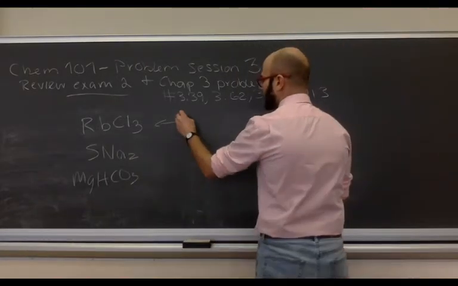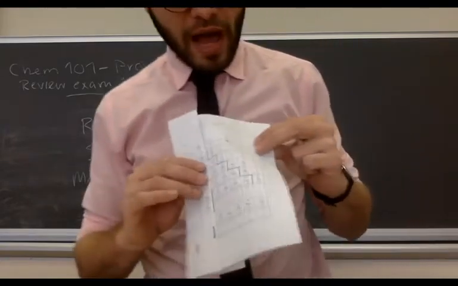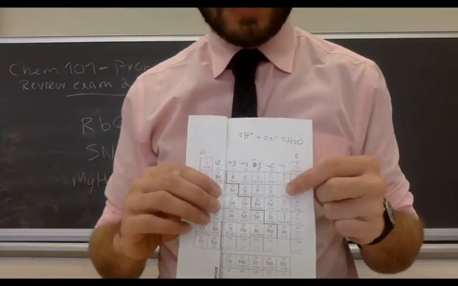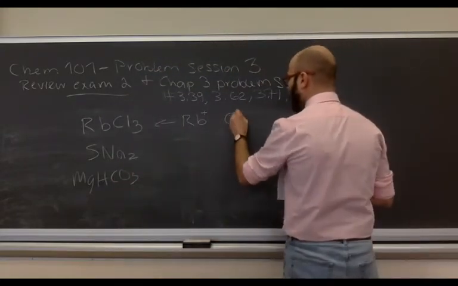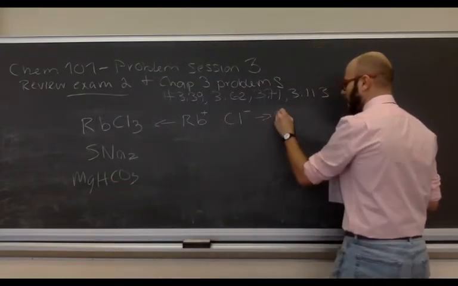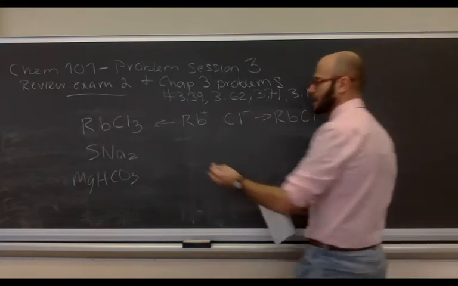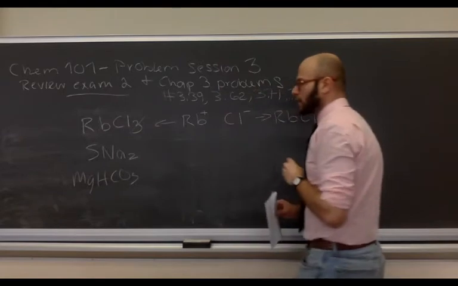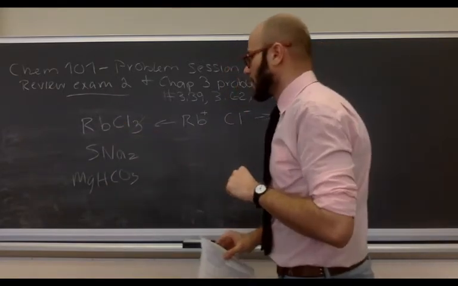And if rubidium has a +1 charge, and chlorine, as we know, has a -1 charge, because it's on the far right side of the table, that means that if we combine these two, we should just get very simple RbCl, or rubidium chloride. So right here it was the 3 that was the problem, because there is no Rb3+. That just doesn't exist, at least not in a practical way.